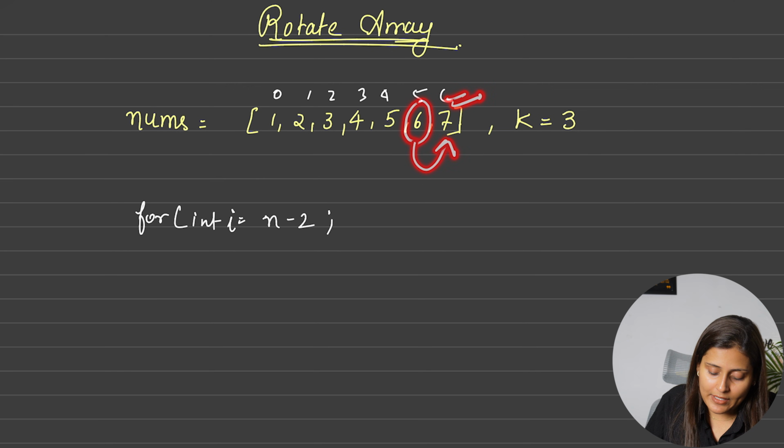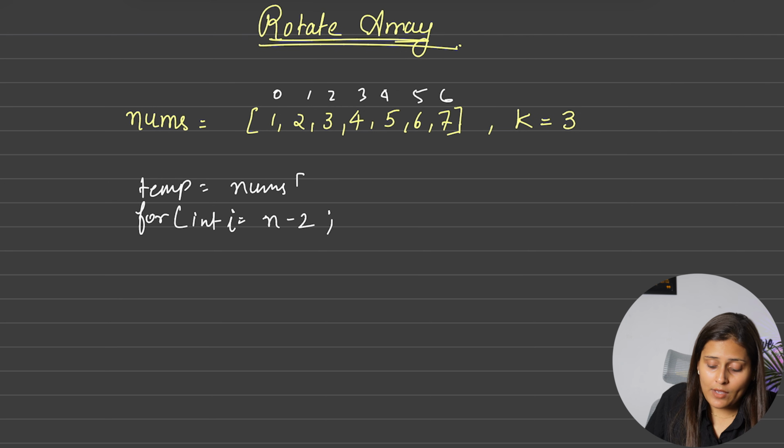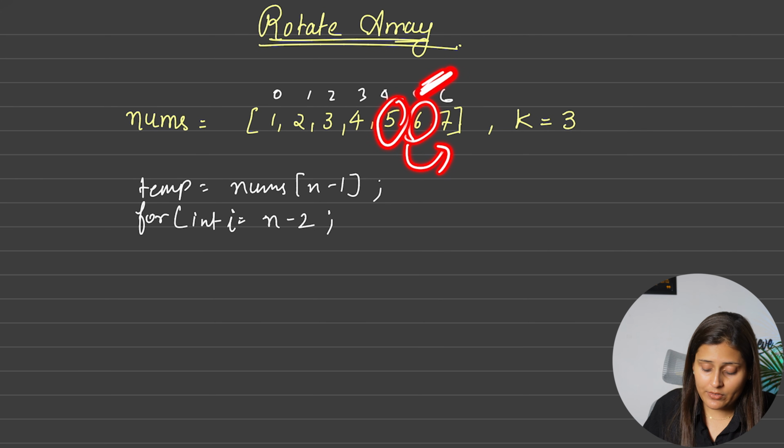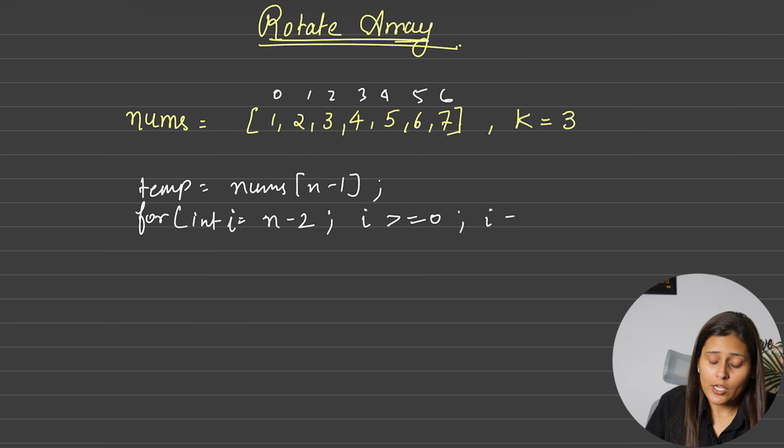So let's say temp variable, we have stored nums of n minus 1. Now I want to do this movement from which element? The n minus 2th element. So that is why we have initialized i there, and we want i to go till greater than or equal to 0, with i minus minus. Okay, so initially i is here, at this location, n minus 2.